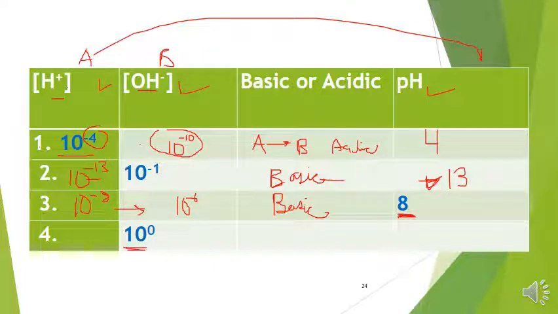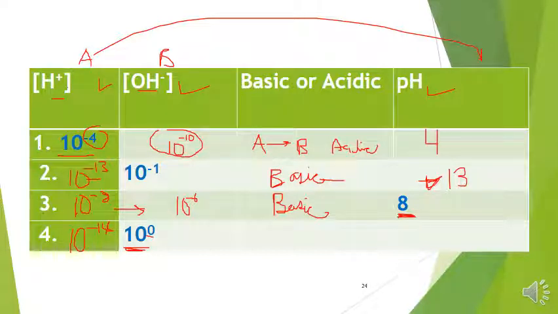The last example: I give you the amount of OH, 10 to the 0. Now, I told you that 10 to the 0 is not 0. It's actually the number 1. But you can just forget about that right now. So what is the amount of H plus? Well, what plus 0 gives me negative 14?